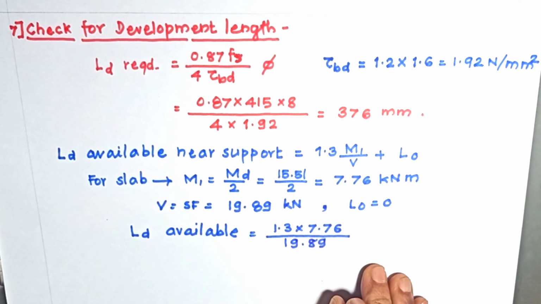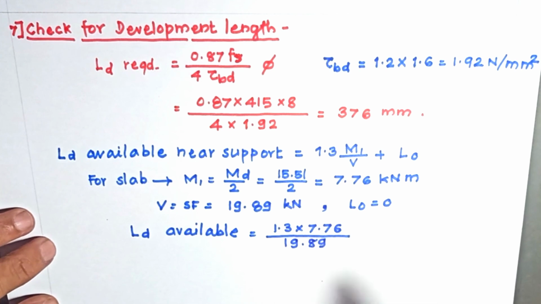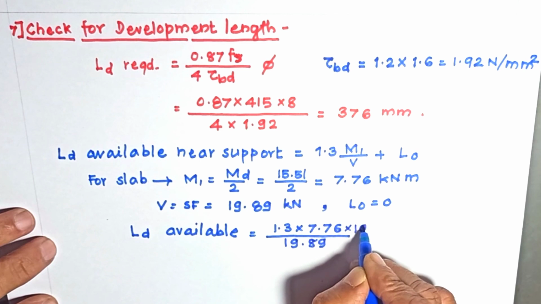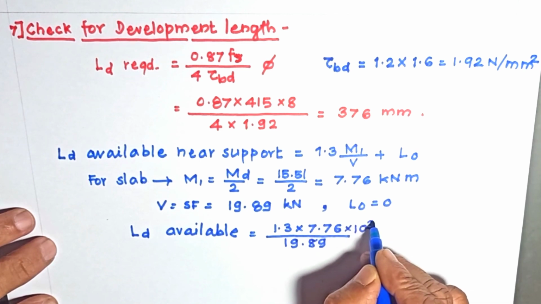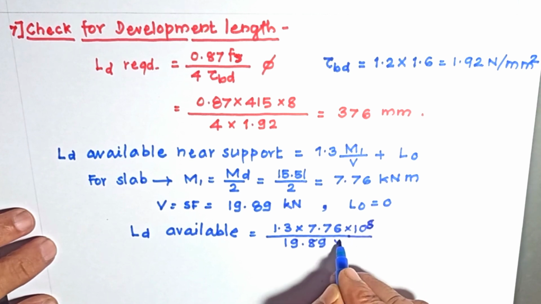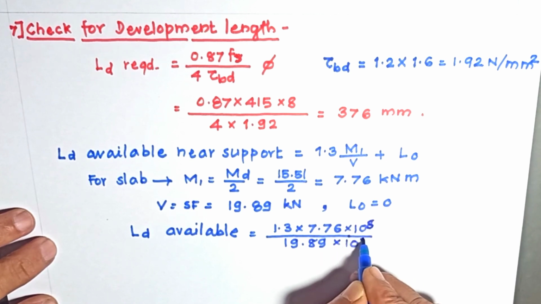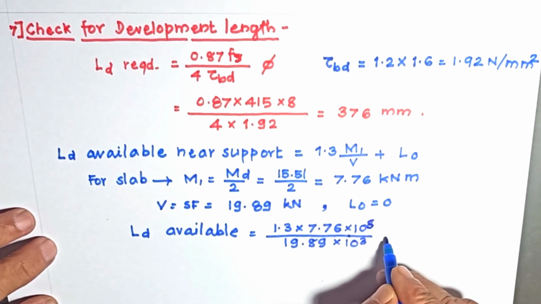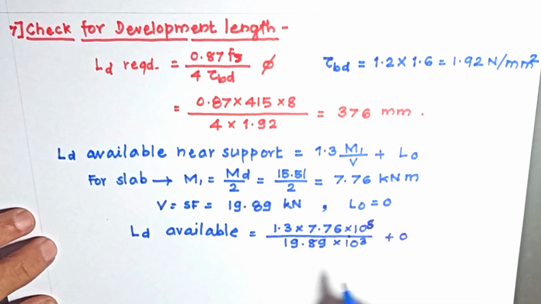L0 we have assumed as 0. Okay. So what we will do? We will convert it in Newton mm, and for Newton mm 10 raised to 6, and this we will convert in Newton, that is 10 raised to 3. So this is 10 raised to 6, 10 raised to 3 plus L0 is 0, which comes out to be 508 mm.